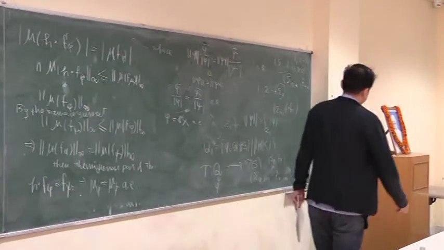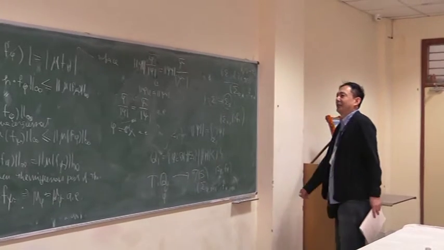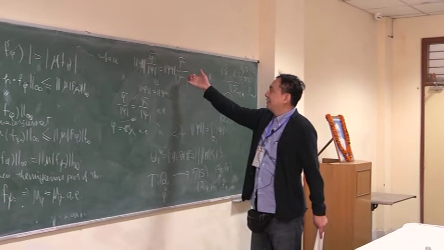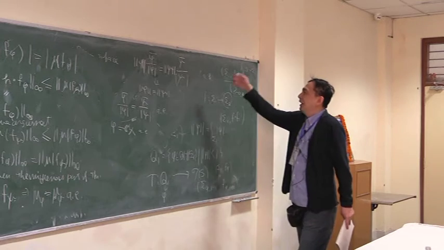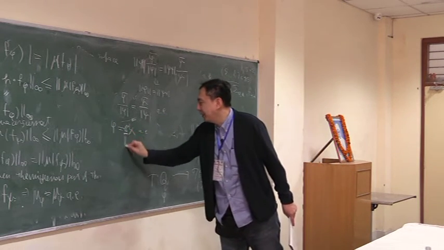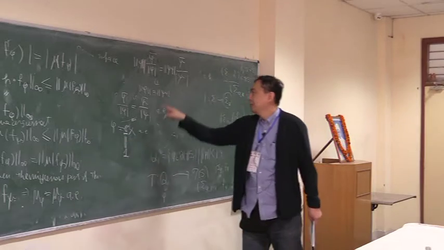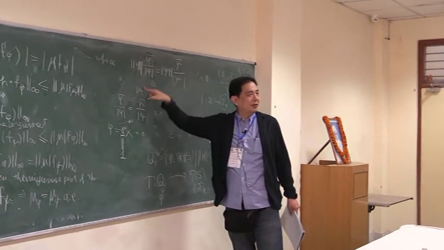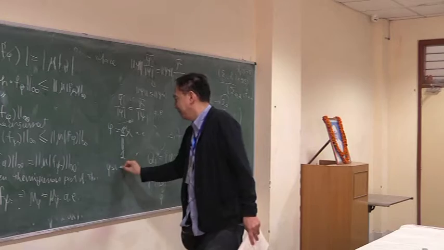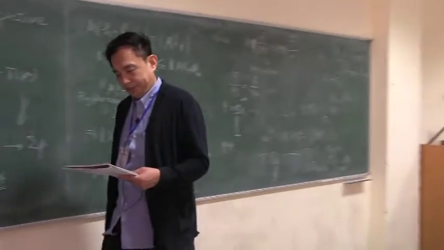And then, because these constants must be 1, because we have this inequality, this implies phi is equal to psi.